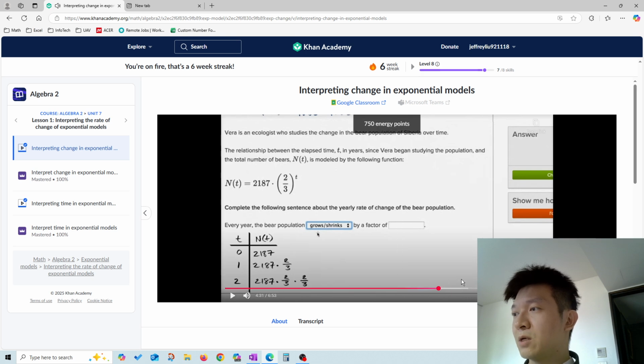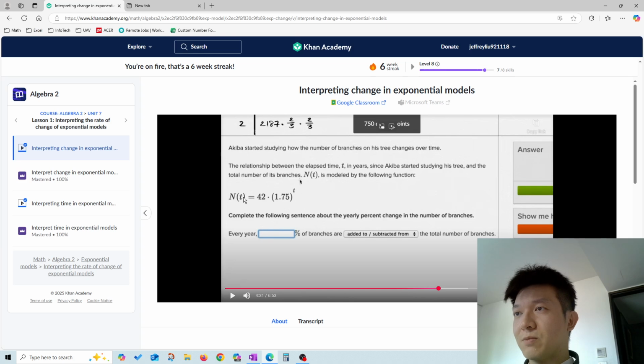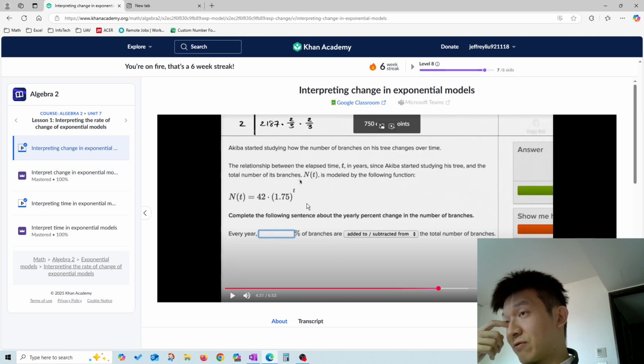Now we have another model. It's 42 and 1.75. But the question is asking you about added to. Added to means you are not counting the original 1. The original 1 has to be taken out. So you add 0.75 every time.